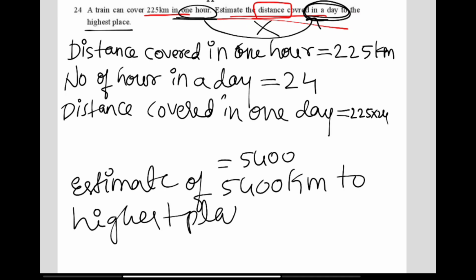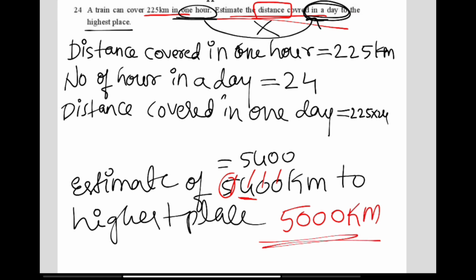So what will be our answer? The highest place is 5. So you have to see the next digit. If it is 1, 2, 3, 4, then you have to replace the units, tens and hundreds by 0, and keep the highest digit as it is. So 4 is there, means 5000, right? So this is your answer. 5000 kilometers is your answer.